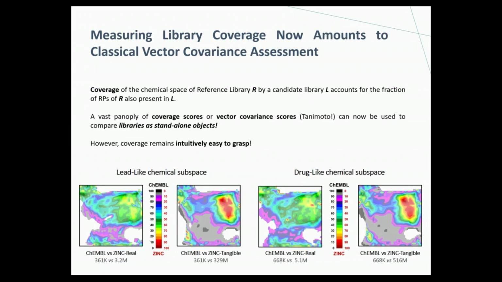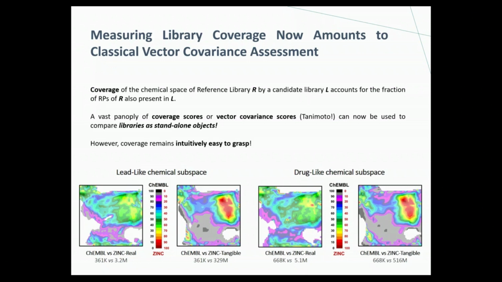Here we compare Campbell to ZINC real, Campbell to ZINC tangible, in the lead-like chemical subspace, in the drug-like chemical subspace. You can play around with these vectors, define them in a way that suits your problem, and then use the Tanimoto score in a good old way. Whatever the Tanimoto score returns to you, it's a value that is always easy to grasp, because you can always fall back to the landscape.